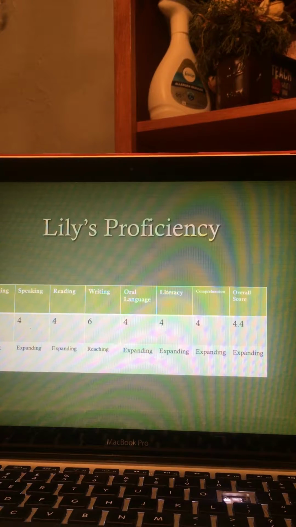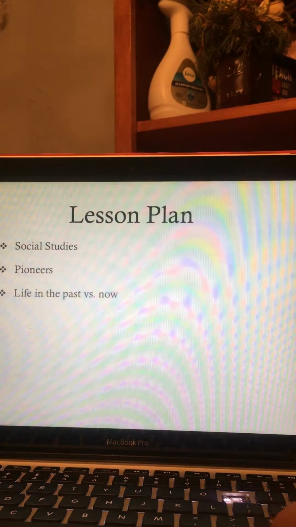She's bridging. For speaking, reading, oral language, literacy, and comprehension, she is a level 4. So she's expanding. And her writing is actually really, really good. She's at a level 6, which is reaching. And her overall score is a 4.4, which is expanding.